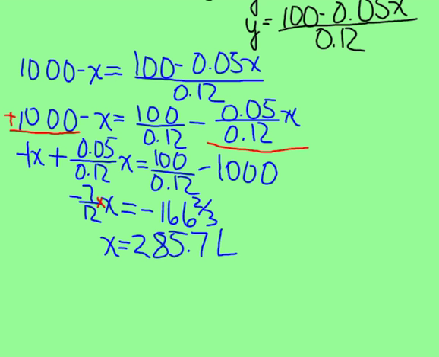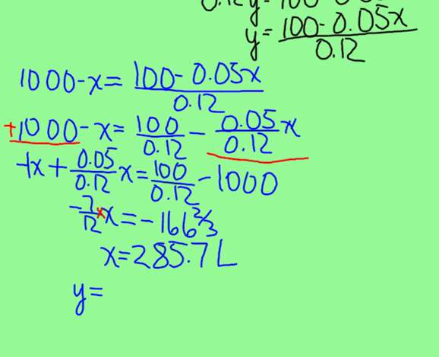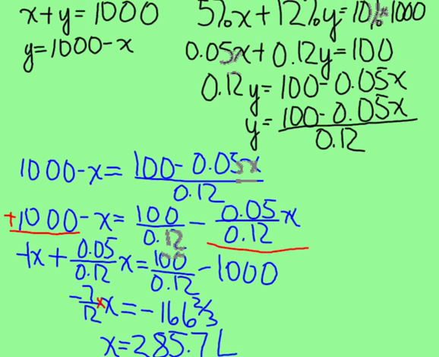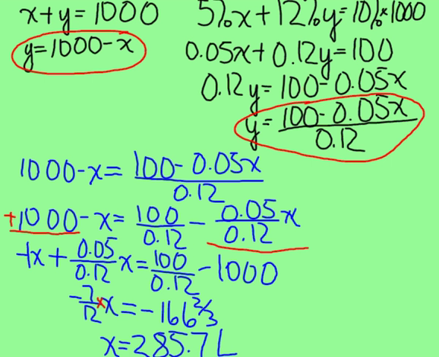Now to solve for y. Y equals, well, let's go back and look at the equations. We have two equations to work with. We have y equals 1,000 minus x, and we have y equals a big, huge equation. I'm going to go for this simpler one right here, 1,000 minus x.